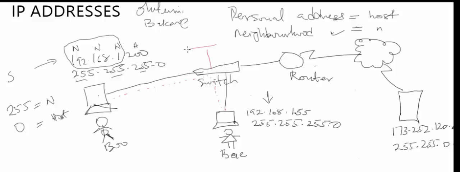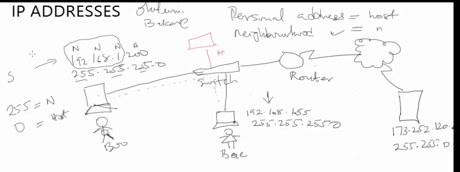Even if I had a third server or system somewhere on the network with the same network address, of course, I've used my subnet mask to determine who I'm talking to, to determine if they are on my network or not.